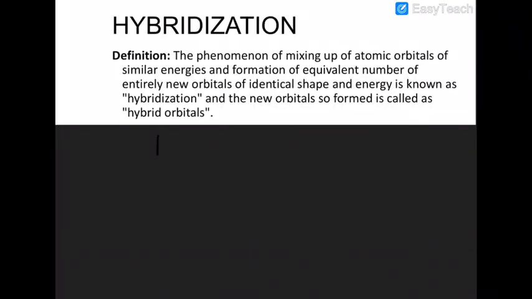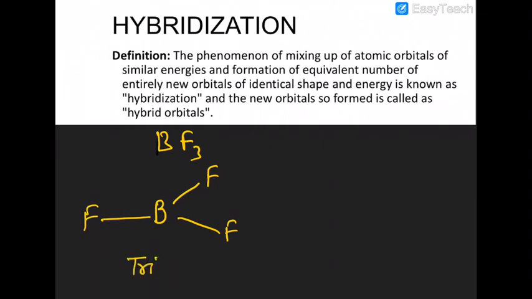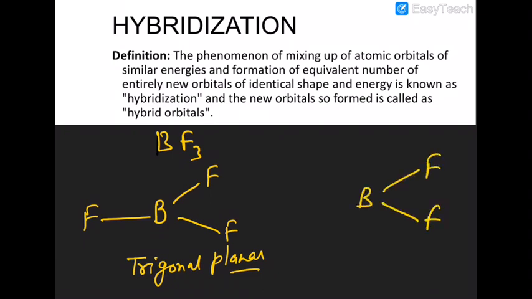Now look at the example. The example is BF3. Boron is the central atom. 3 bonds are there. All bonds are in the same plane, so it is called trigonal planar. And all the bond angles are 120.